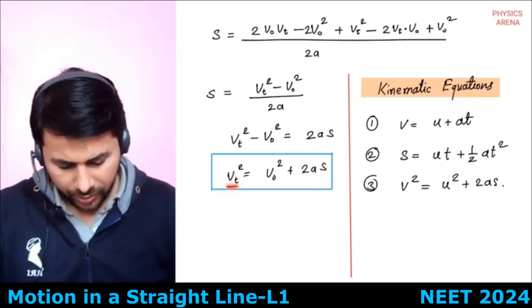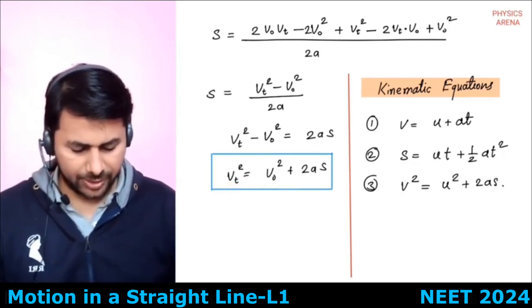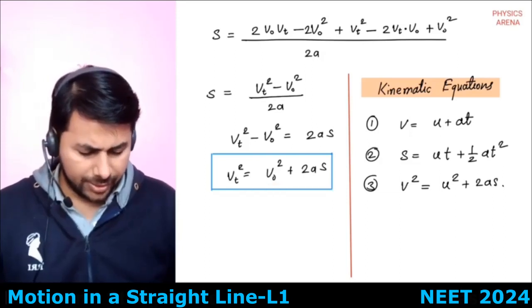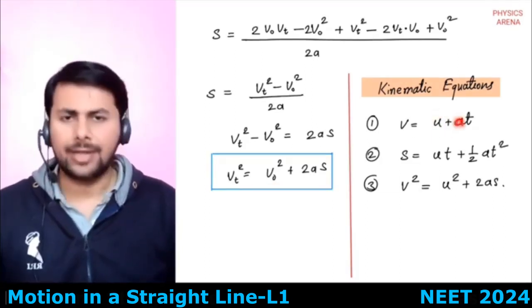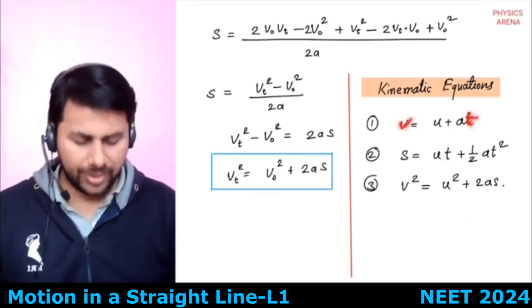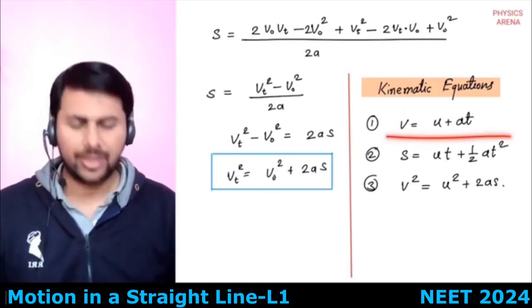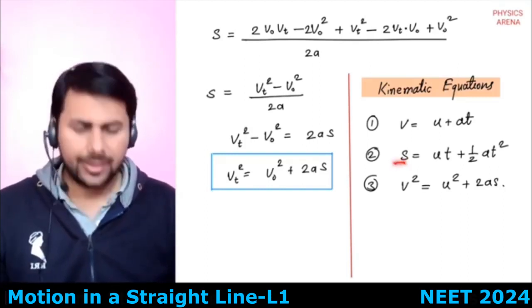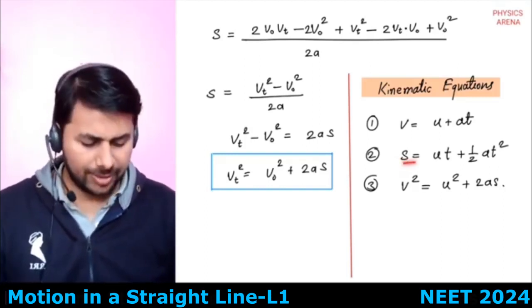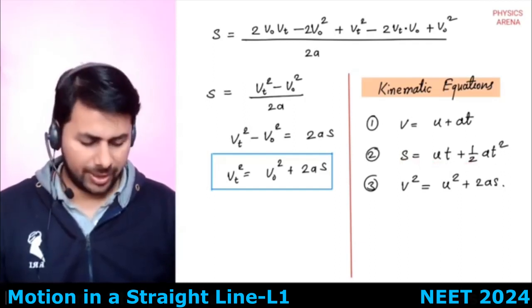Here I have used different notations. u is your initial velocity, a is acceleration, t is time, v is final velocity. First kinematic equation is v equals u plus at. Then s is the displacement, so displacement is ut plus half at square.